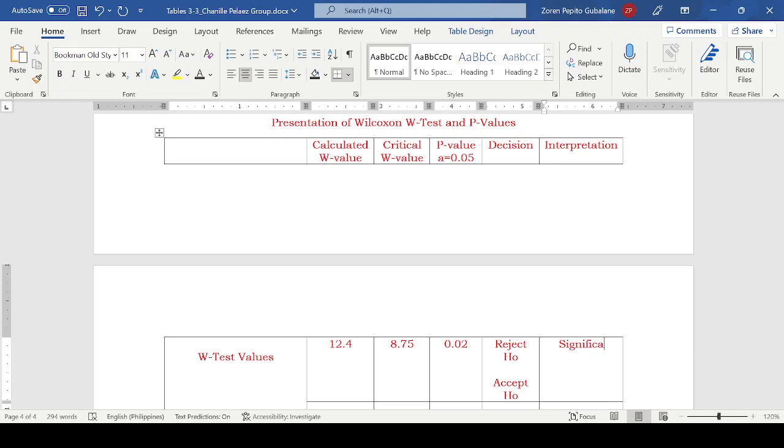I'm writing it now. Significant, or it can also be not significant.